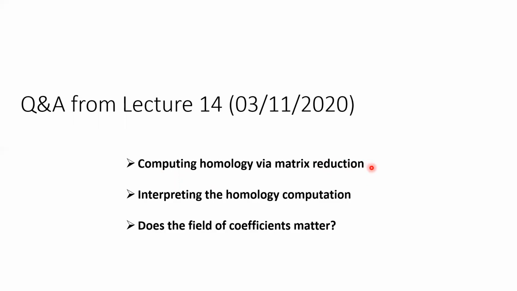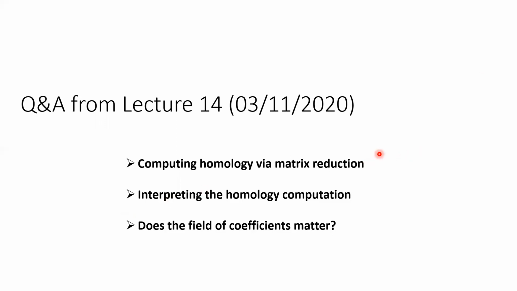A few of you wanted to know a little bit more about the inner workings of the algorithm. Some of you also hinted at wanting to talk about interpreting the homology computation once you're done with step 1. And then finally, some of you indicated that you wanted to know how the field of coefficients matters and how that changes the interpretation of the homology computation.